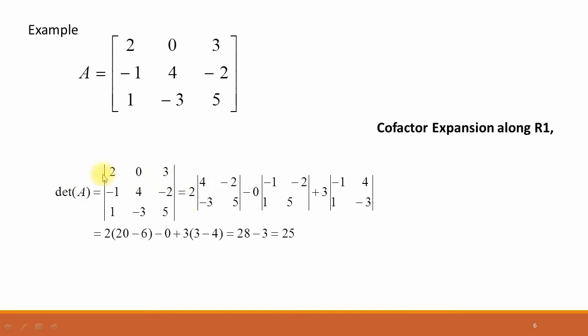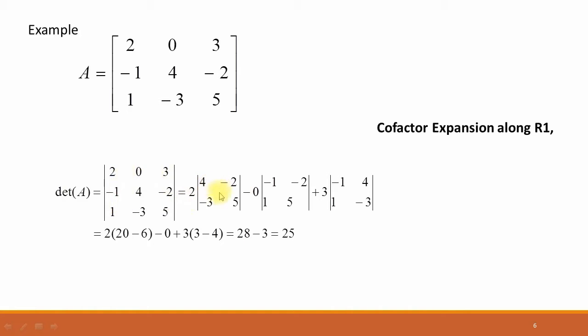This is the cofactor of the first entry A11, this is the cofactor of the second element A12, and this is the cofactor of the third entry A13. The first cofactor has a positive sign, the second will be negative, and the third one will be positive. So write 2 here and then delete the first row and first column.